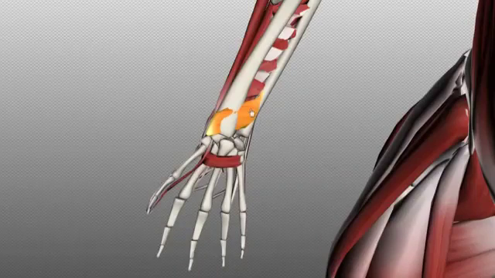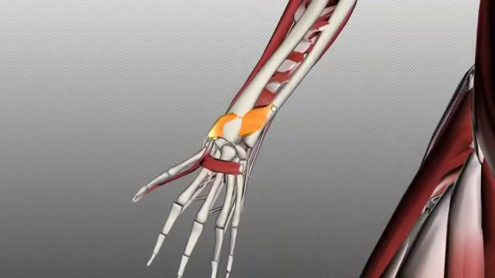So it's actually this rectangular shape. It originates on this distal anterior surface of the ulna and inserts distally on the anterior surface of the radius, and when it contracts, it pronates the forearm.